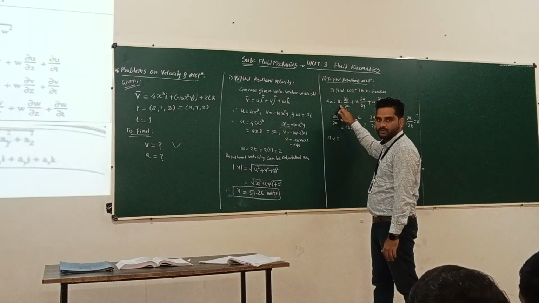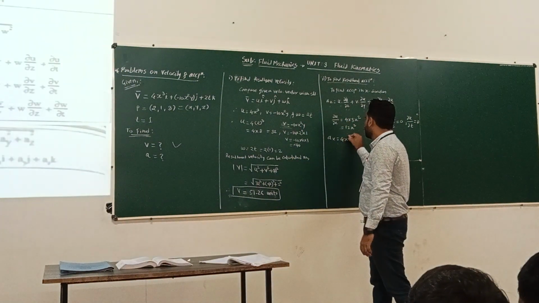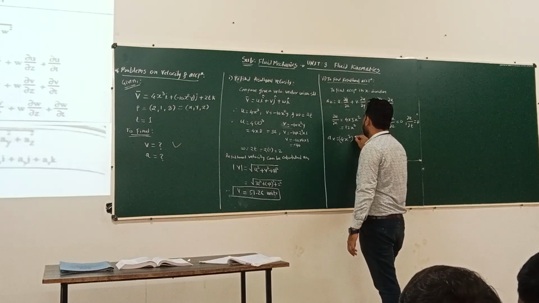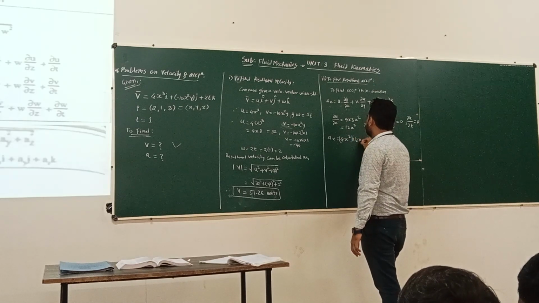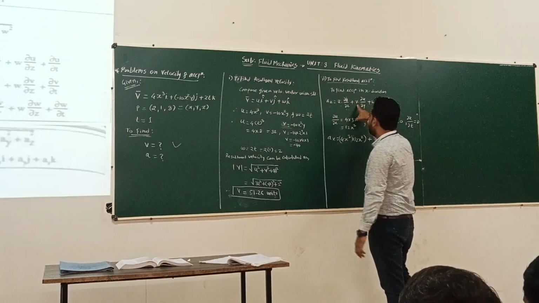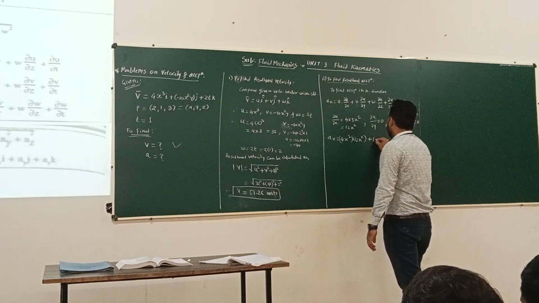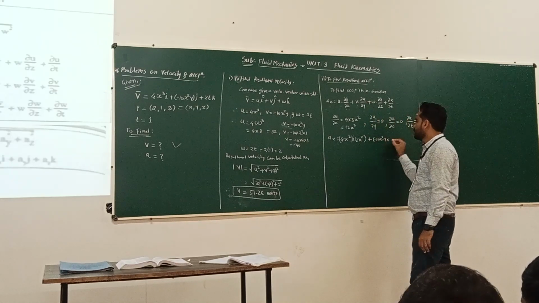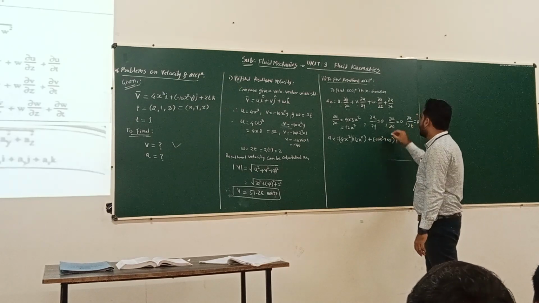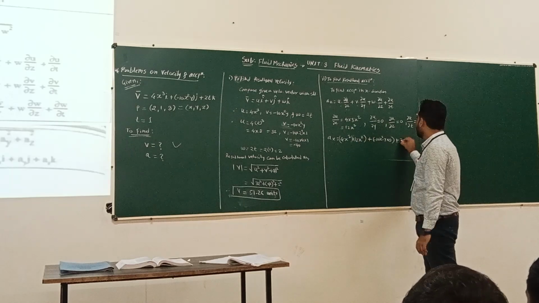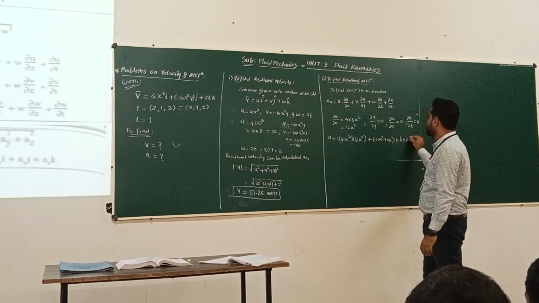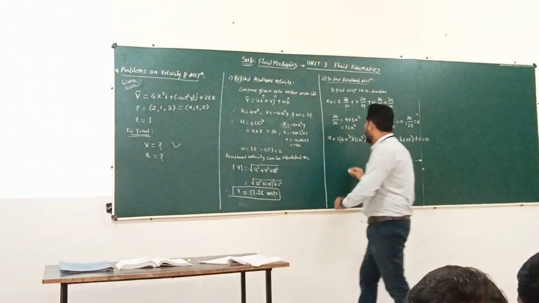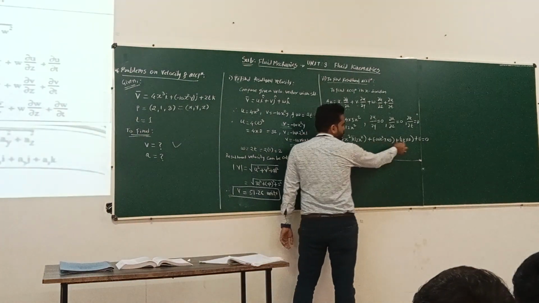Put the value of u, 4x cube, into du by dx, which is 12x square, plus v, which is minus 10x square y, into du by dy, which is 0, plus w, which is 2t, into du by dt, again 0. So all these values are 0, 0 and 0.